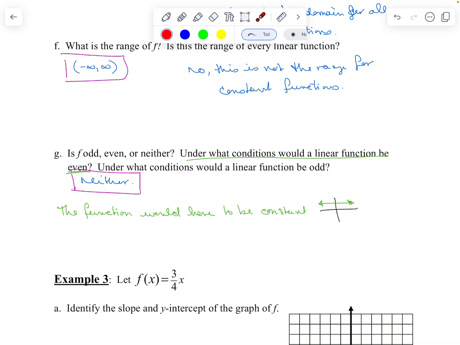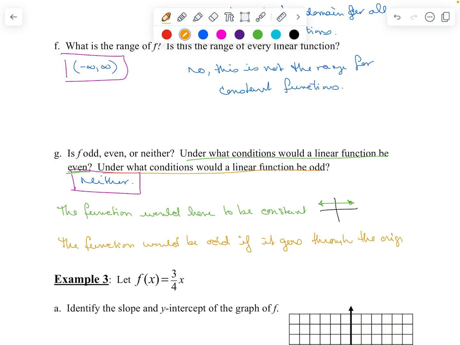Okay. For it to be odd, the function would be odd if it goes through the origin. So what that looks like is you have the axes. Imagine everything is straight.